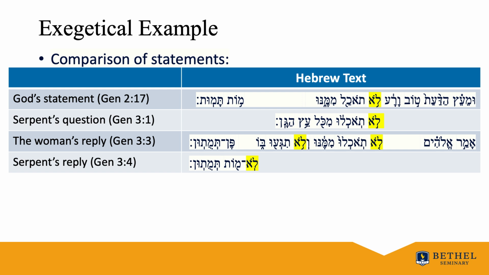But by the end of the discussion, you can see that the serpent turns the people's attention from the prohibition of eating to questioning one aspect that God warned. You will surely die. The serpent's concluding statement is that y'all will surely not die, going directly against what God has said.